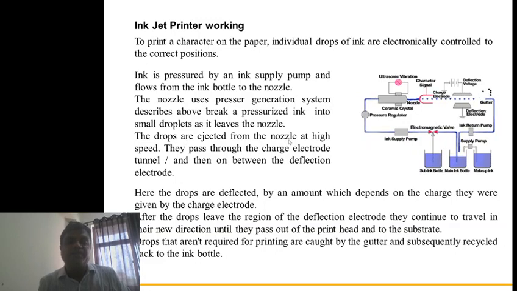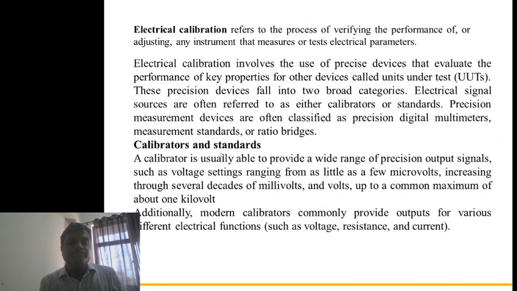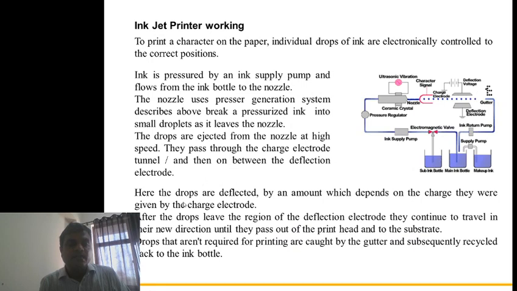Then the drops are ejected from the nozzle at high speed, they pass through the charge electrode tunnel and then between the deflection electrodes. So this is called the charge tunnel and deflecting electrode. Here the drop is deflected by an amount which depends on the charge given by the charge electrode.